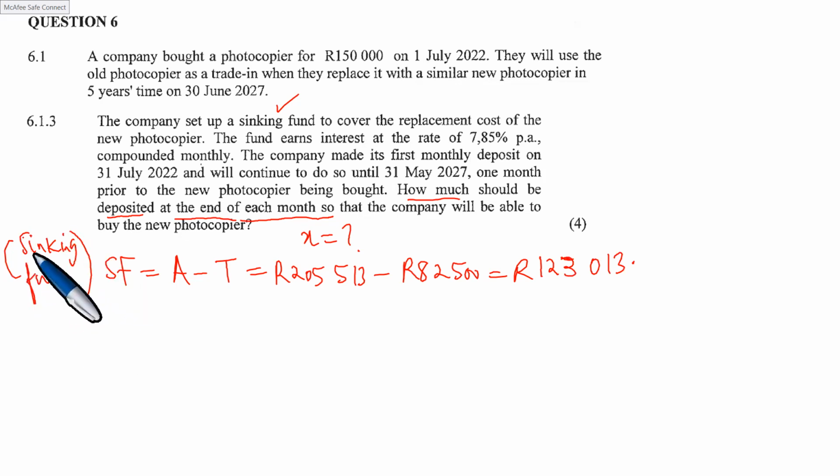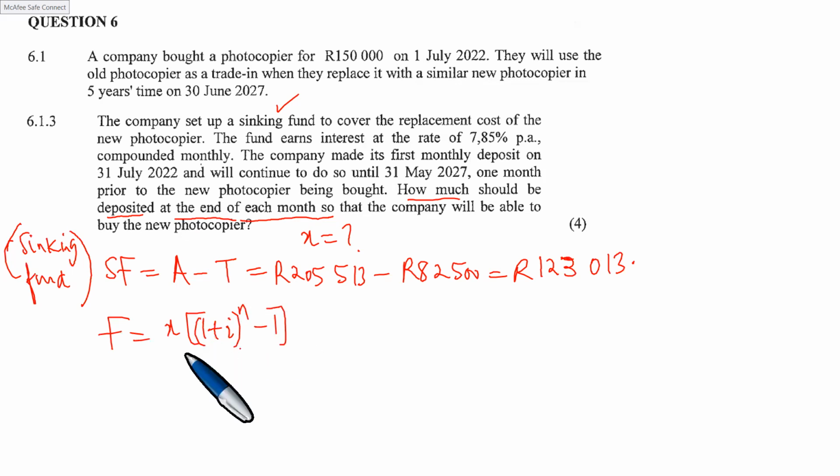We are able to realize that the sinking fund is actually a future value, and therefore we shall have the future value formula, which is this one here: 1 plus i to the power n minus 1, and you divide everything by i, like this.